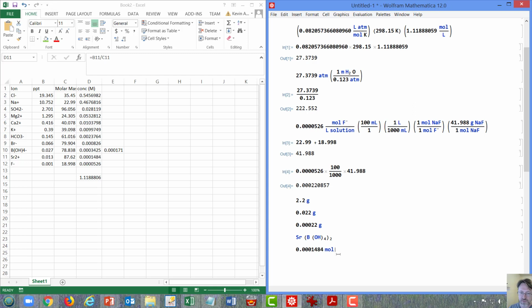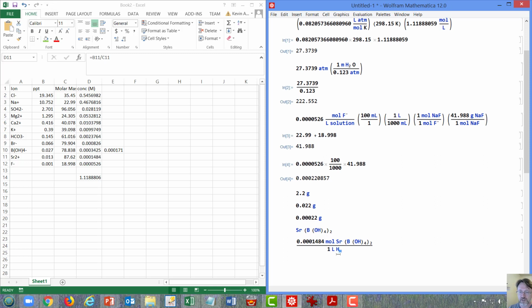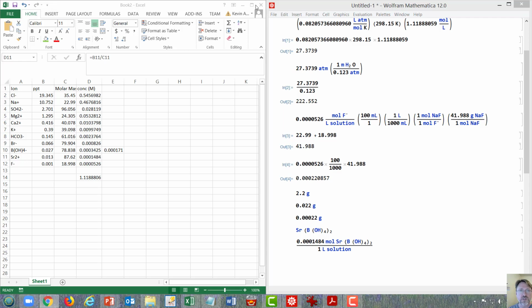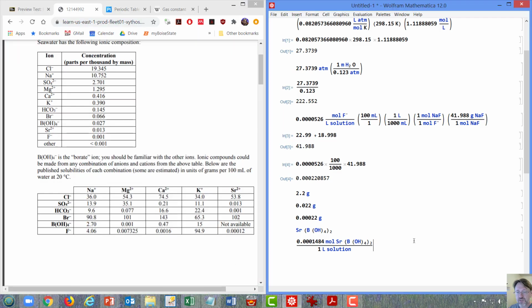We have moles of this in 1 liter of solution. We want this in units of grams per 100 mils of water. Easiest way to do this, let's figure out how many grams are in a liter, and then we'll divide it by 10 to have 100 milliliters.